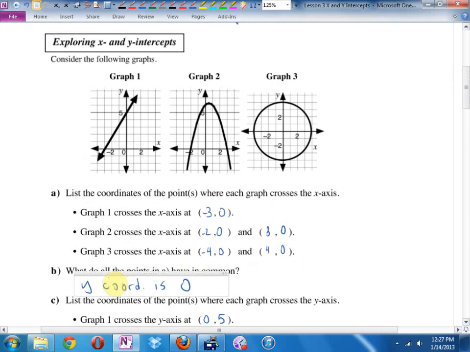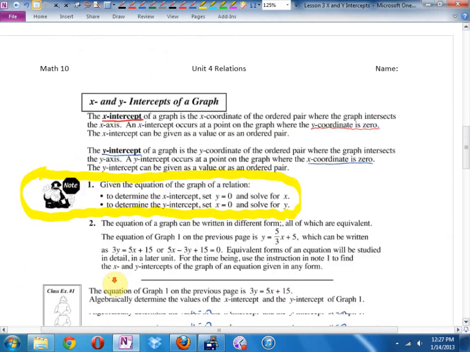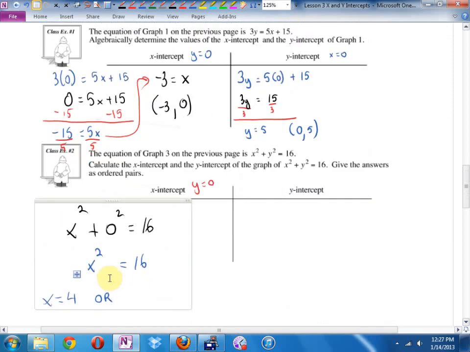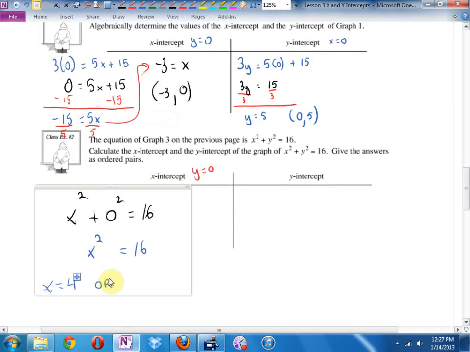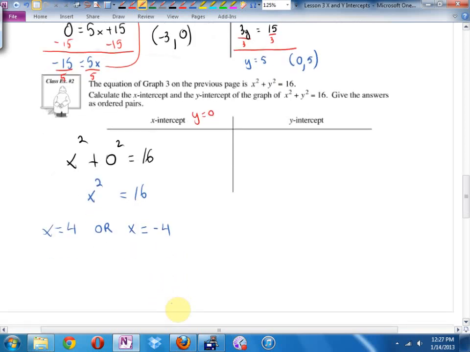I'm expecting 2 x-intercepts. This is why. So we get 2 x-intercepts for this graph. We get 4, 0 or -4, 0. Cool.